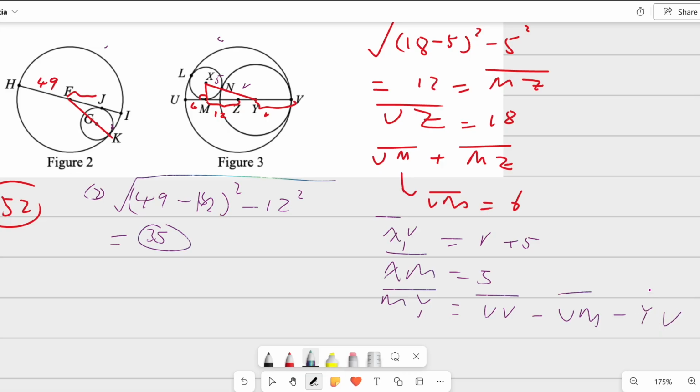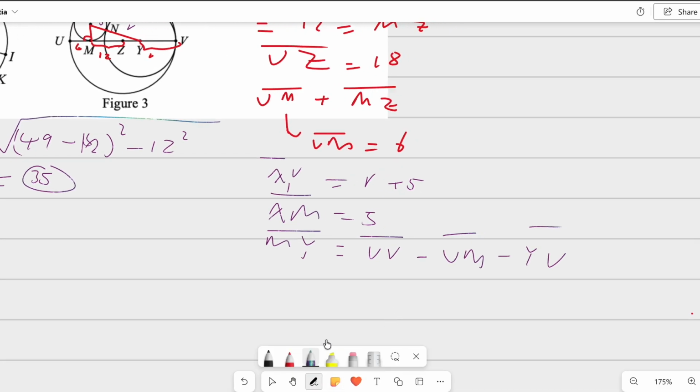So we substitute the values into it. UV here is 18 times 2, 36, the diameter, minus 6 minus R. So this becomes 30 minus R.